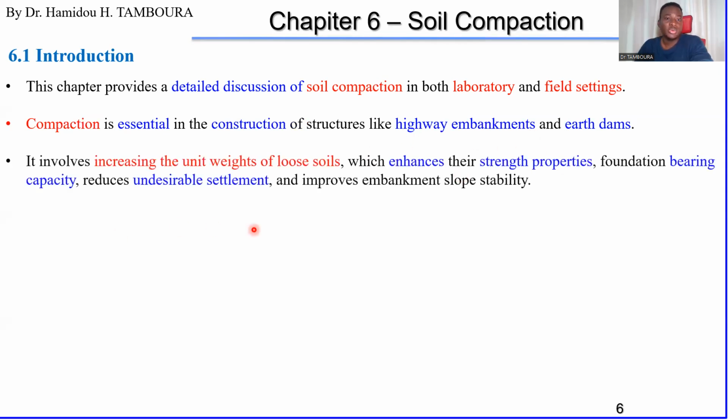It will help to increase the weight of loose soil, and by that it will help to enhance the strength properties of the soil, enhance the bearing capacity of the soil, and reduce settlement.